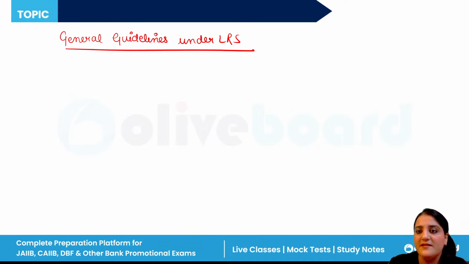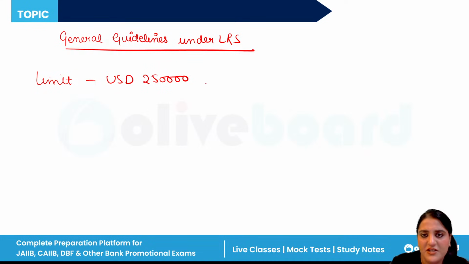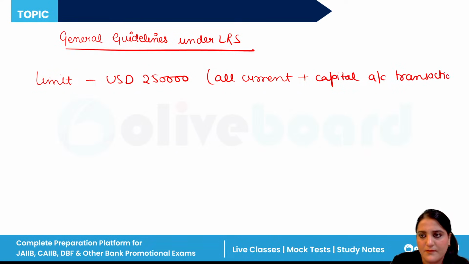See, the limit is $250,000 per financial year, right? The limit is the same, $250,000 per financial year, for all the current plus capital account transactions, right? So PAN card is mandatory.